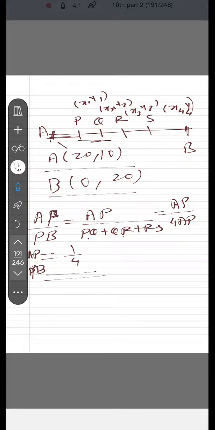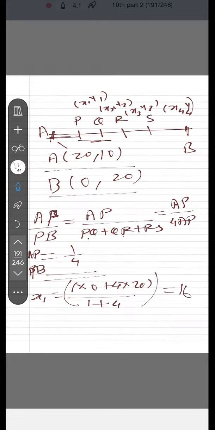So x1 is equal to 1 into 0 plus 4 into 20, divided by 1 plus 4, which is 80 divided by 5, so 16.